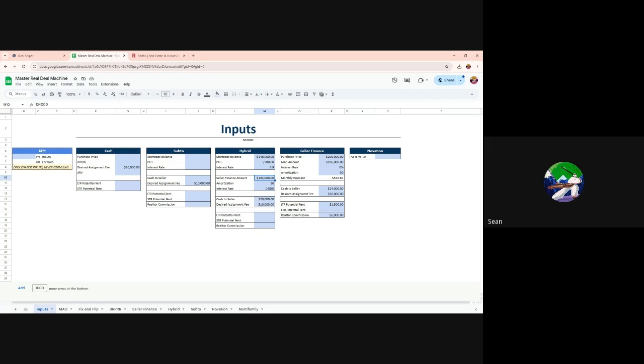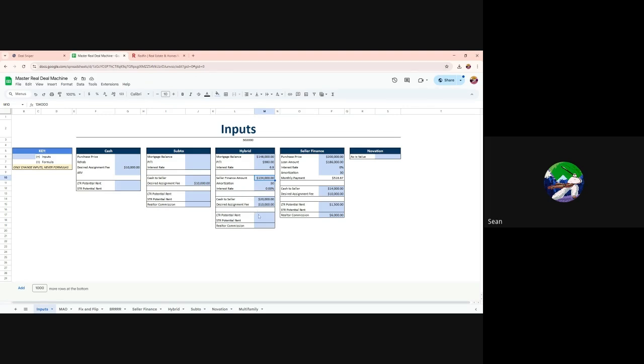So of that $154,000 of equity, instead of giving it to them in one lump sum in a cash deal, we're going to give them a chunk of it at closing and then pay them off on payments for the rest of it. So in this case, the chunk that we're going to give them is 20 grand, and then we're going to make monthly payments on the $134,000. And again, by we, I mean the investor, whoever we end up selling this to.